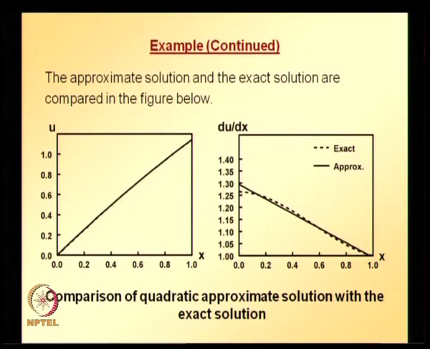So if you want to increase the accuracy, already you can see that the approximate and exact u values almost overlay on each other, but if you see the derivative of u there is some error. If you want to reduce this error you can go for a higher order approximation.